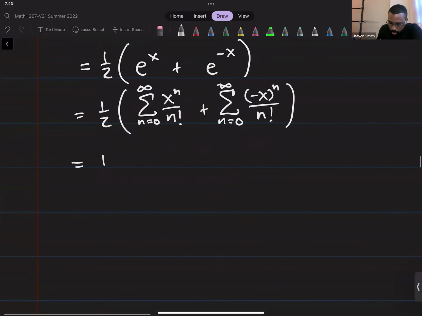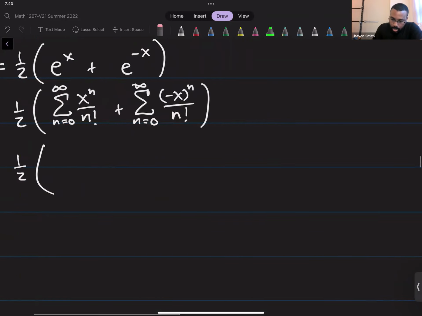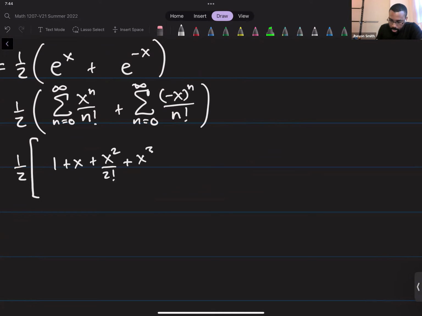Now, what I'm going to do is I can write out some of these guys. So the first one is going to be 1 plus x plus x squared over 2 factorial plus x cubed over 3 factorial plus x fourth over 4 factorial plus and so on.